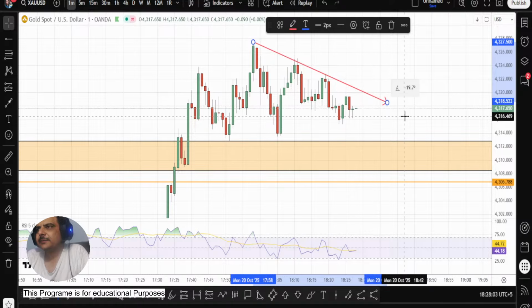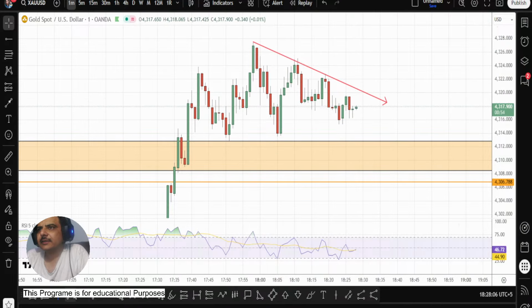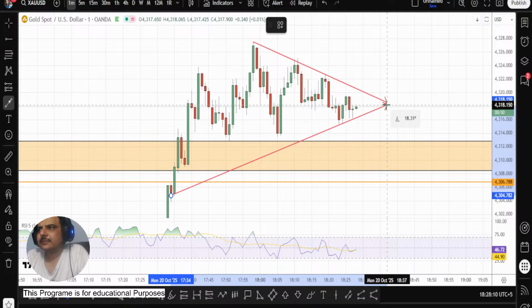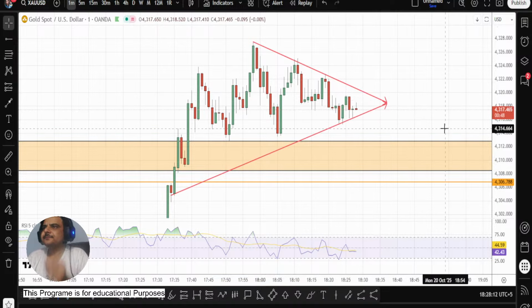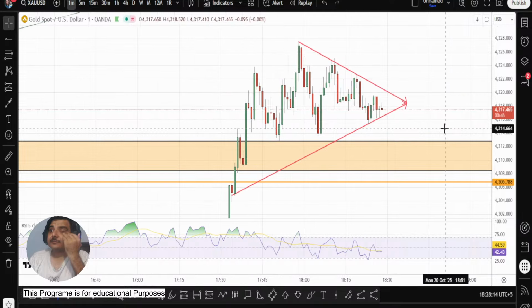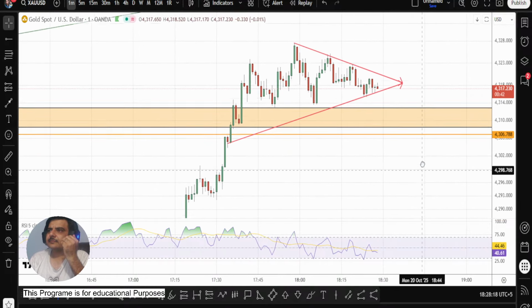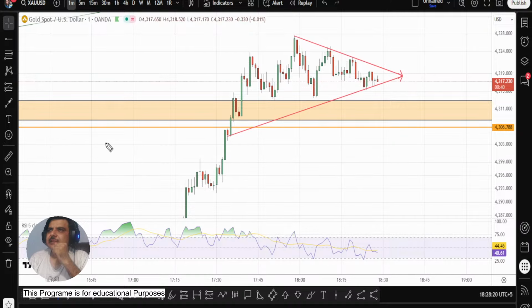See this triangle pattern as this. The chances are it can break down to 4306 and then continue back up. This is what I think.